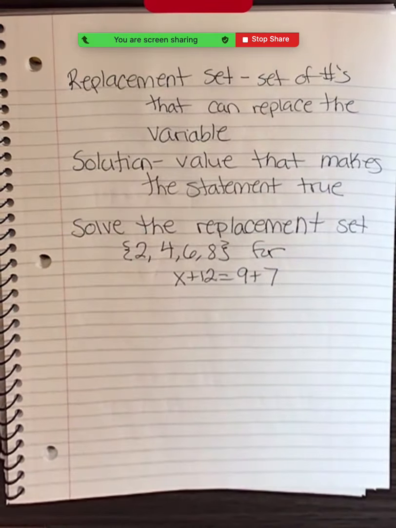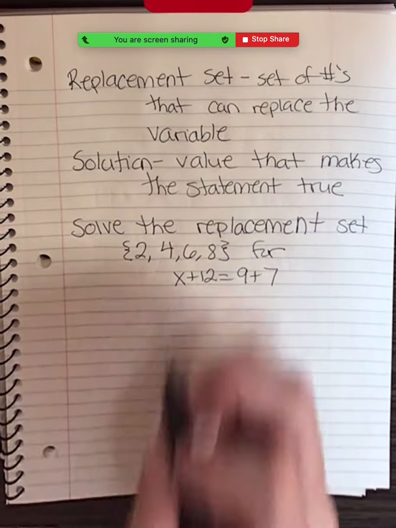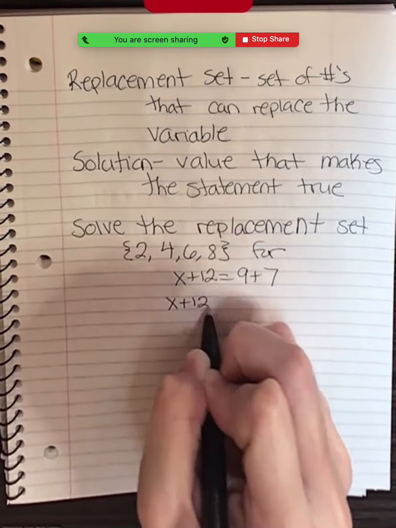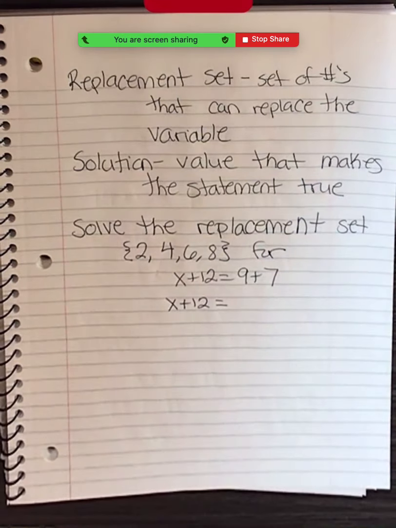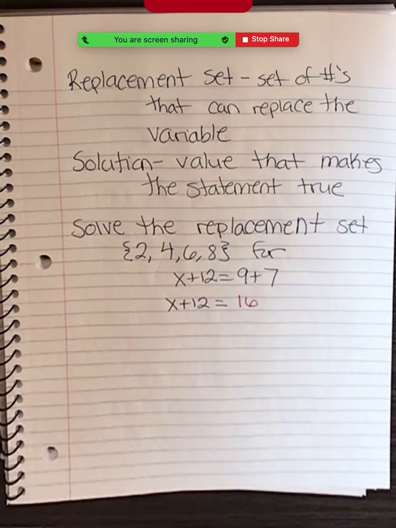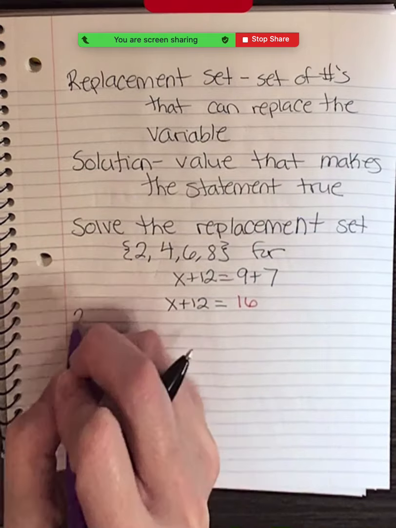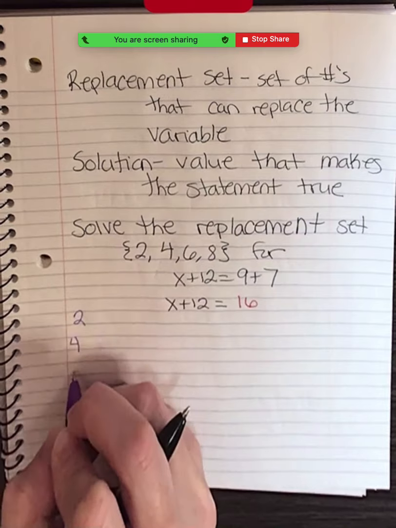First, what's 9 plus 7? That's 16. So we're going to try 2, 4, 6, and 8.